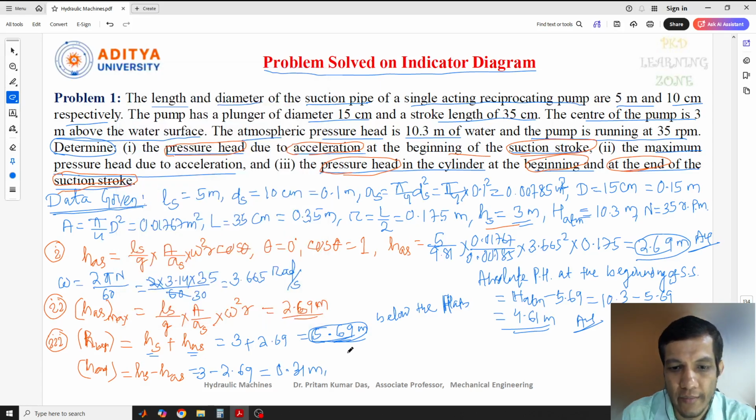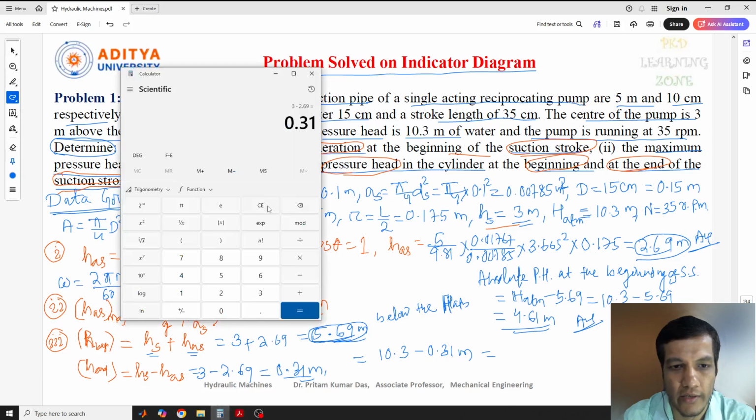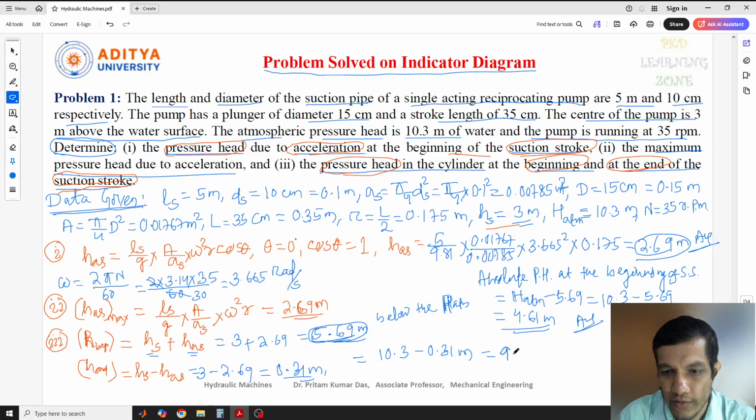Below the atmospheric pressure head means that at the end of the suction stroke, the absolute pressure head is 10.3 minus 0.31 meter. Finally we get 9.99 meter of water, and this is the absolute one.